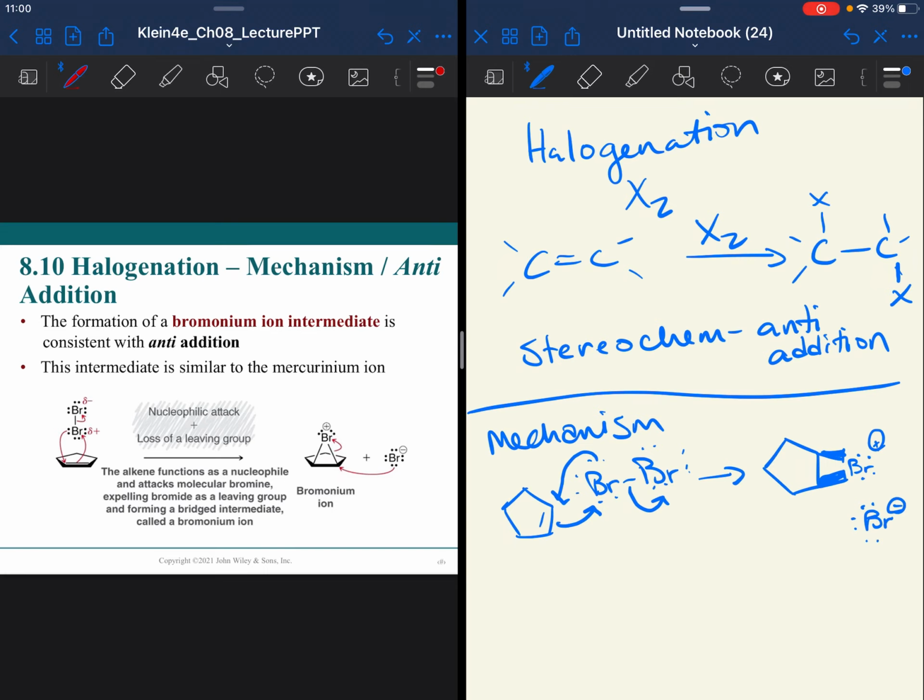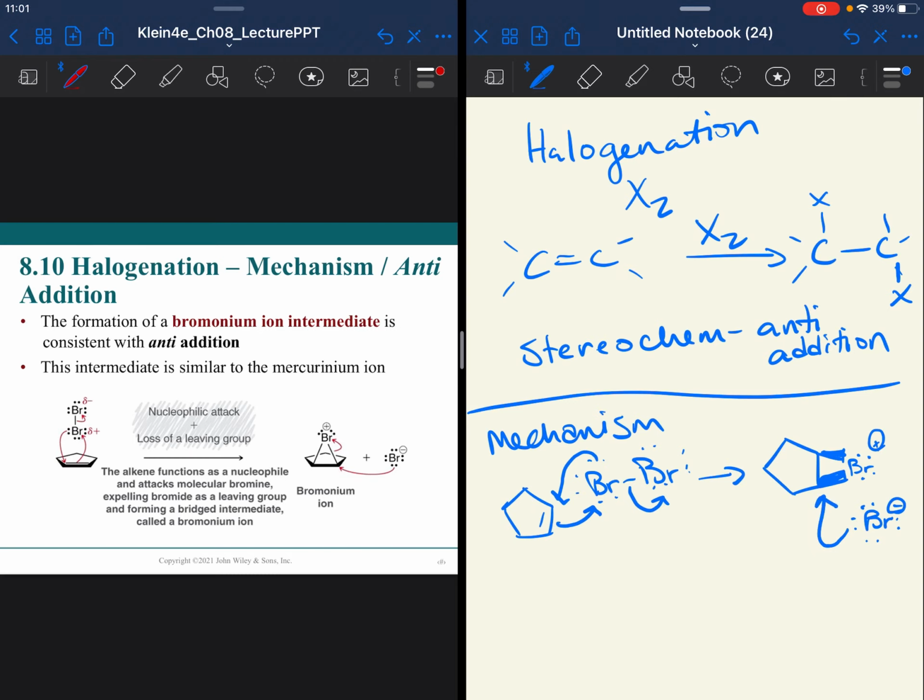And so what happens is an SN2-like substitution. We have 2 carbons that are attached to bromine that are going to be having electron density pulled away from them, so a big partial positive. We have a great nucleophile here with the bromide ion. And so you're going to get a backside attack.